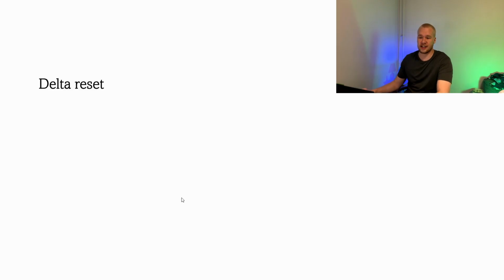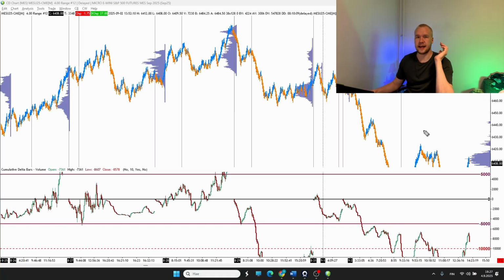So this was the delta reset, and let's see what it looks like on the markets. I literally just opened the chart here, and look what's right in front of us. This is what I'm talking about. I didn't even have to search for it. This is the clearest example of a delta reset that I can find.